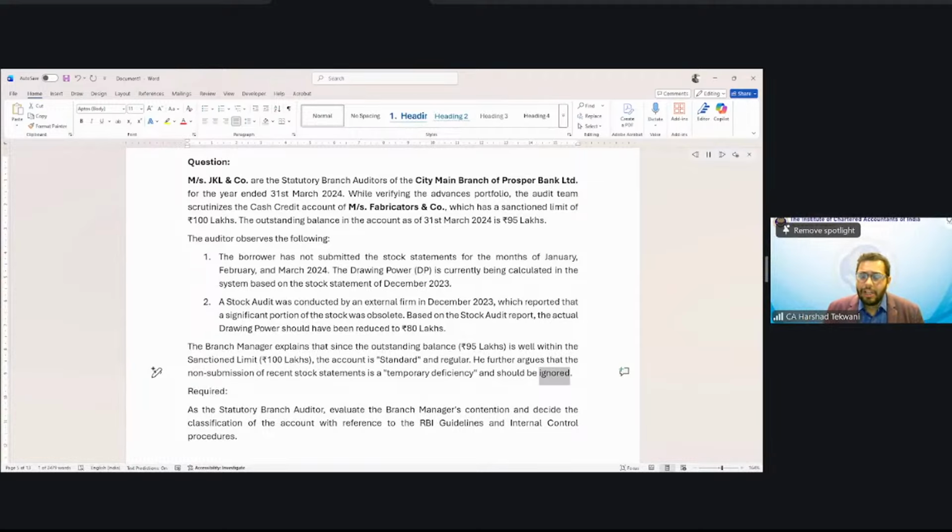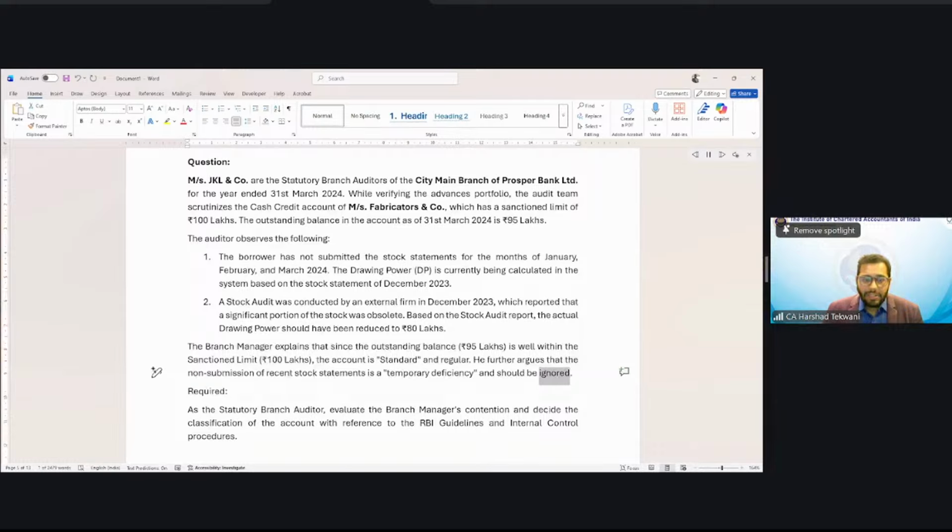But if it is irregular for a period of 90 days, it has to be classified as an NPA. I cannot say that just because the drawing power is not calculated or the stock statement is not submitted, it is a temporary deficiency. No.